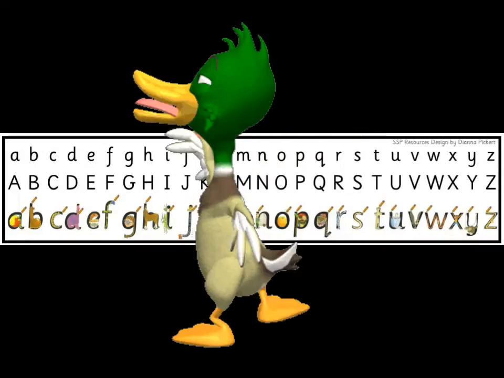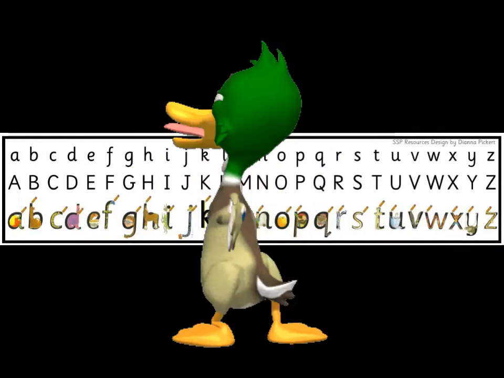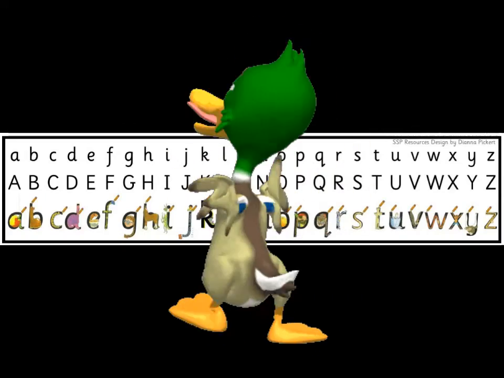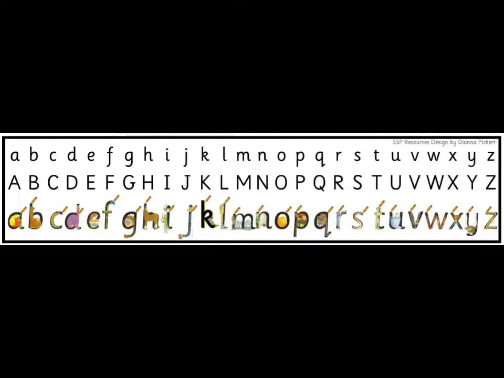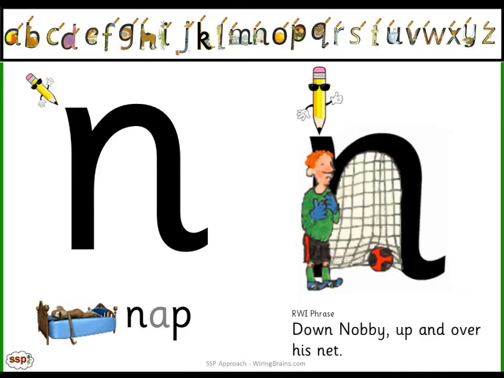And make sure you've got the strip on your table all the time to remind you of the lowercase and the uppercase letters. The pictures that you can see at the bottom are from Read Write Ink, and we include those in our packs because we love them for letter formation. Because it reminds us not just of an important speech sound that letter is associated with, but also gives us a phrase. And when you're drawing the letters and you're saying a phrase, it's actually a lot more difficult to get the direction wrong.